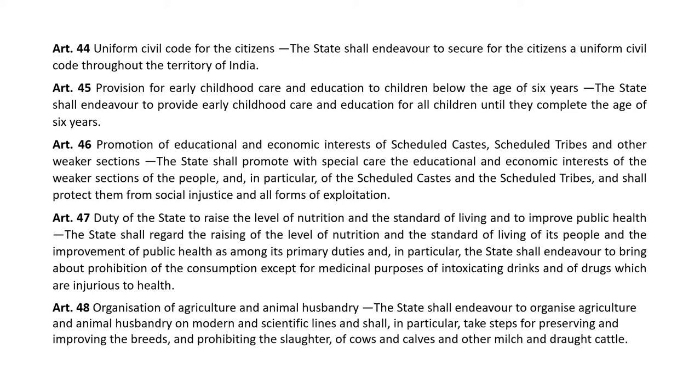The state shall promote with special care the educational and economic interest of the weaker sections of the people, and in particular of the scheduled castes and scheduled tribes, and shall protect them from social injustice and all forms of exploitation. Article 47. Duty of the state to raise the level of nutrition and standard of living and to improve public health.